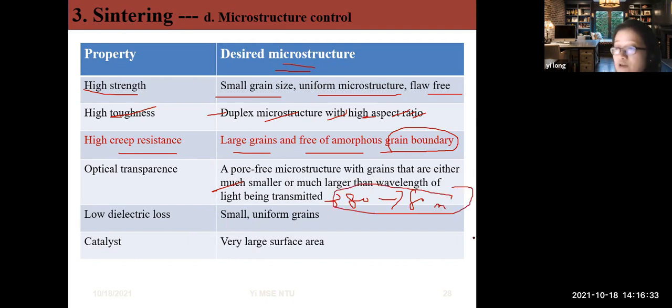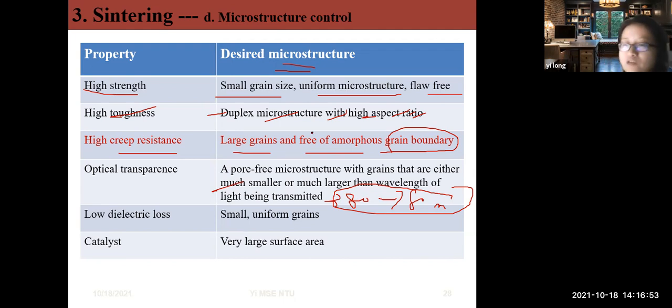So your grain size is either much bigger than this range or much smaller than this range. This will also help make your material more transparent.